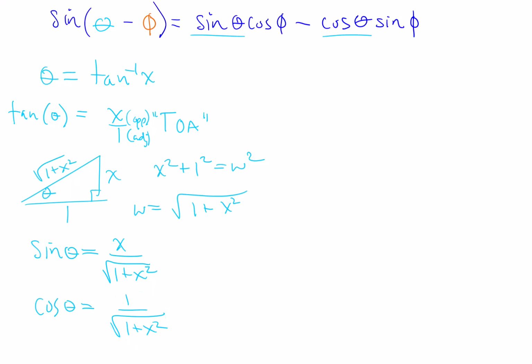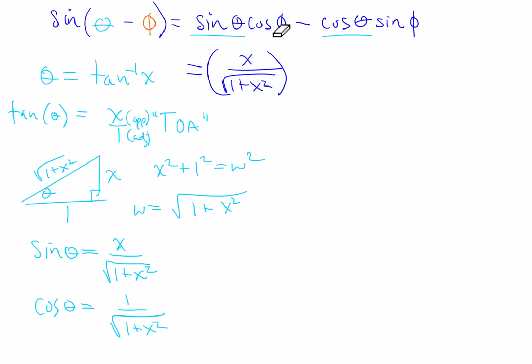So now we have expressions in terms of, notice, only x that we can plug in for part of what we need. So if we go back up to our expression that we're trying to simplify, for sine theta, we're simply going to replace that with what we just said sine theta is, which is x over the square root of 1 plus x squared. Now we still have cosine phi, which is next in our formula, to figure out.